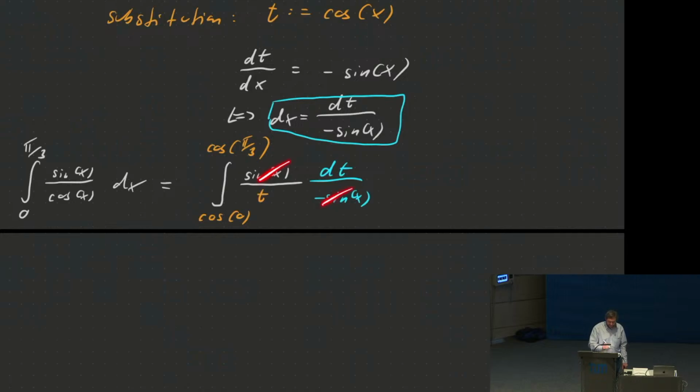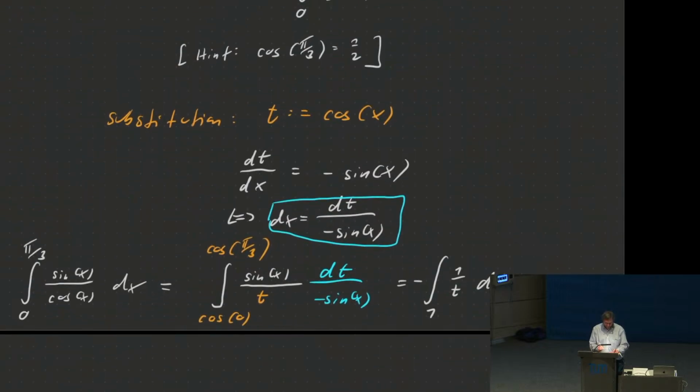And now that sine here cancels out. So we are left with an integral expression in just one variable. And that is minus 1 over t, dt. To make things even easier, let's take out the minus. For the boundaries of the integral, the cosine of 0 is 1. And the cosine of pi over 3, here's your hint, is 1 over 2.